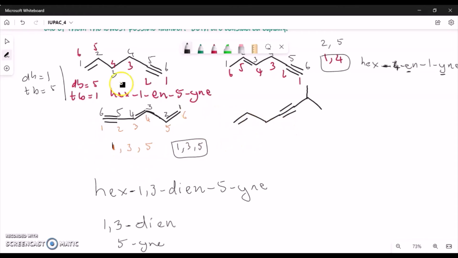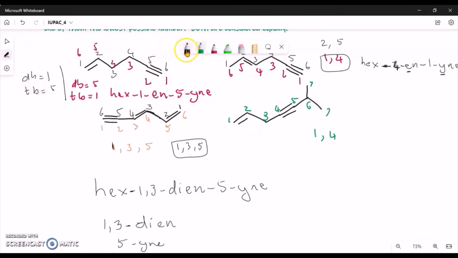And then the last one here, again the chain is easy to identify because there are only 2 possibilities, which is 1, 2, 3, 4, 5, 6 and 7. It could go this way also, it's still 7, so you can choose either one, it's okay. I'm going to choose the horizontal one, and the green numbering gives the number 1 to the double bond and 4 to the triple bond.